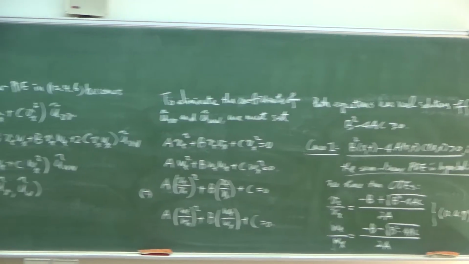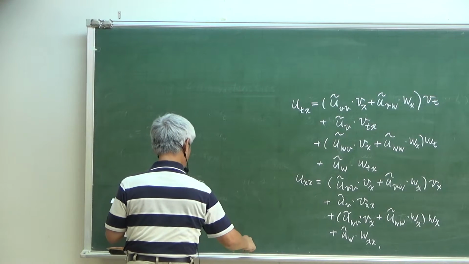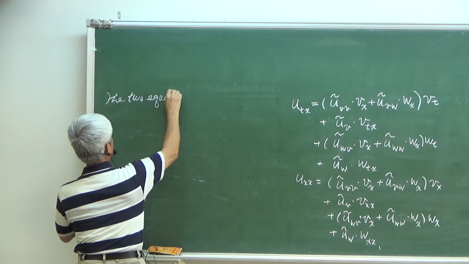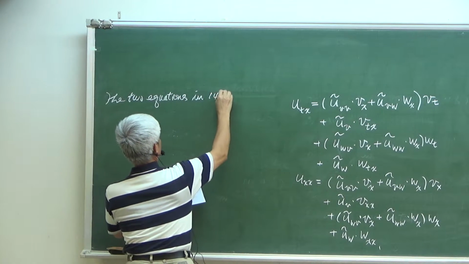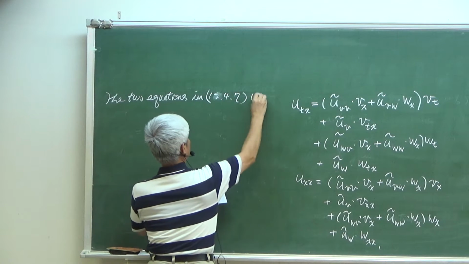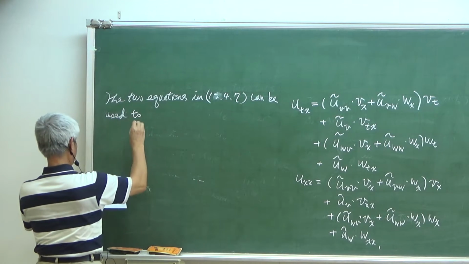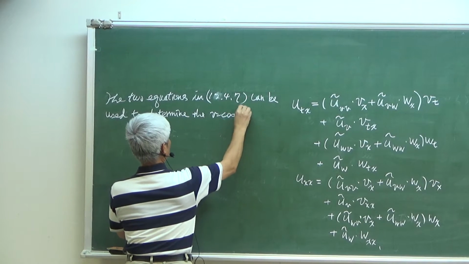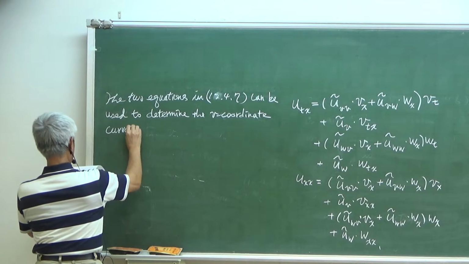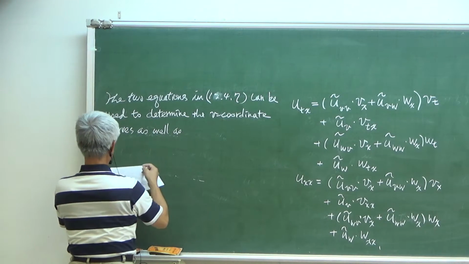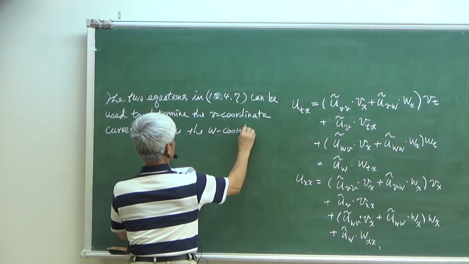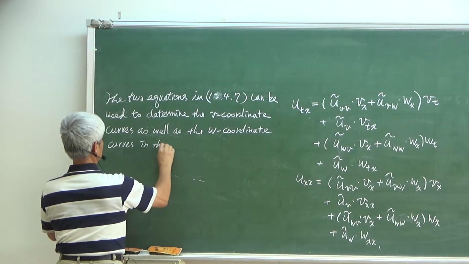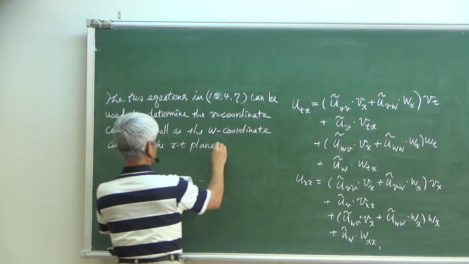Now, these two equations in 12.4.7 can be used to determine the V coordinate curves, as well as the W coordinate curves, in the xt plane as follows.